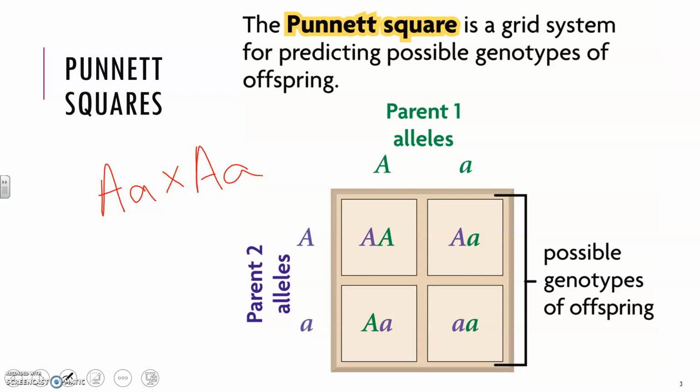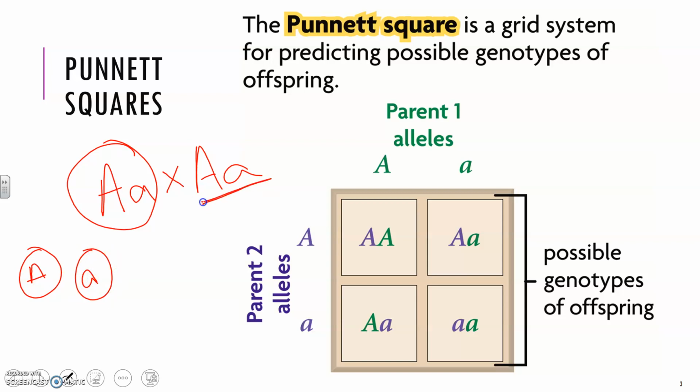Remember, each gamete is only going to get one copy of the allele from each parent. So parent 1, right here, will form a gamete with a capital A, or a gamete with a lowercase a. Parent 2, over here, can form a gamete with a capital A, or a gamete with a lowercase a.